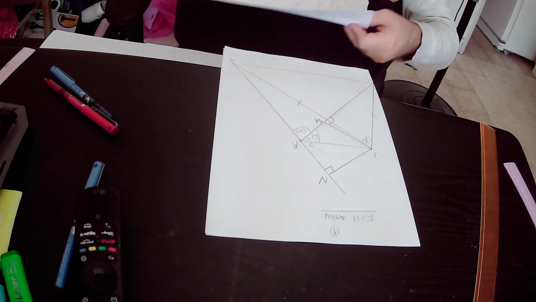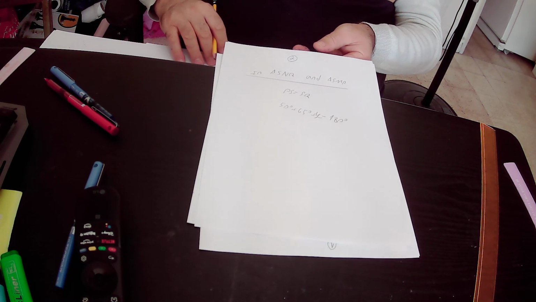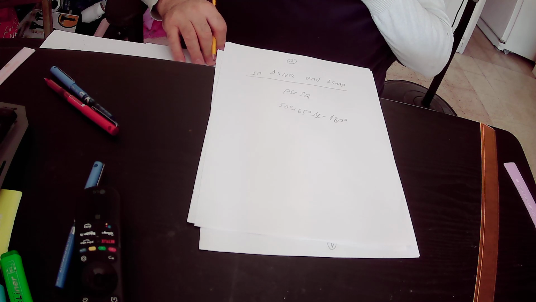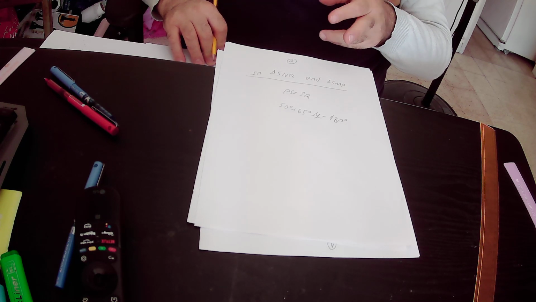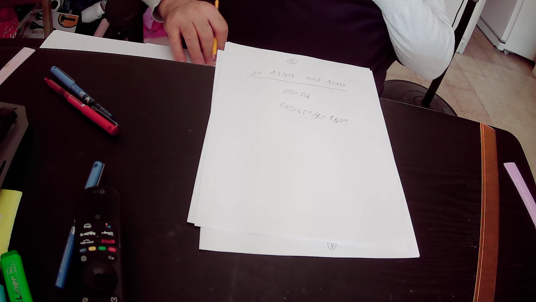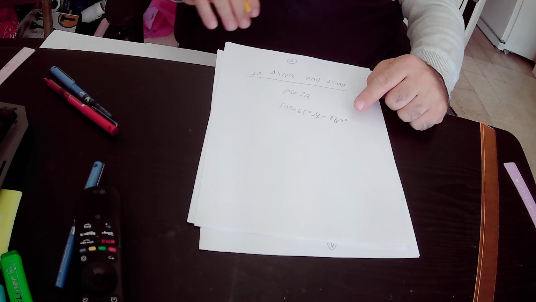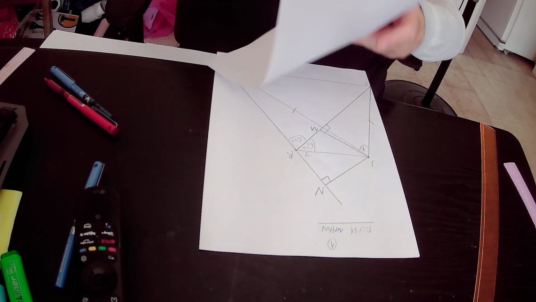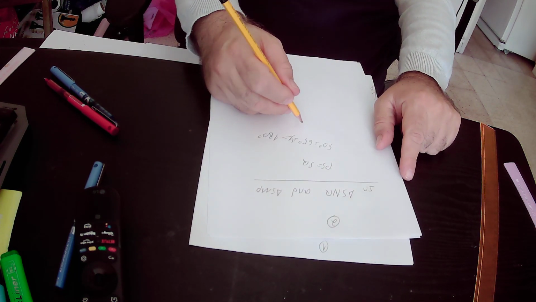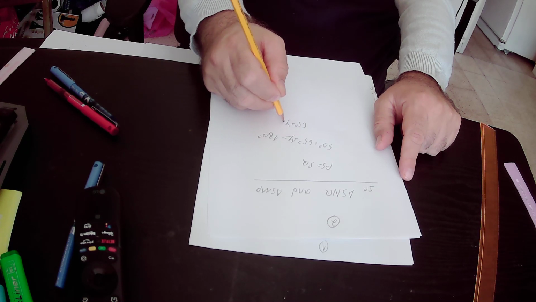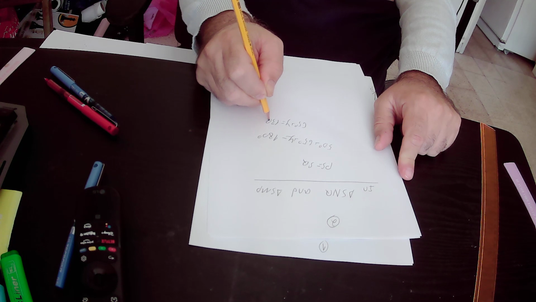According to the rule that states that the sum of the angles on a straight line must be equal to 180 degrees, here we will subtract 50 degrees from this equality and we will get that 65 degrees plus Y equals 130 degrees.